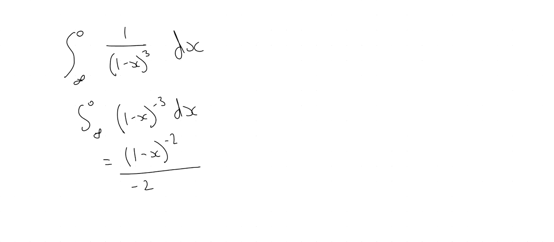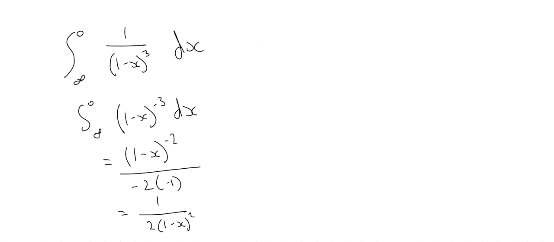This is the reverse of the chain rule. I also need to multiply it by the derivative of the brackets. So that's -1. Okay, so then we have, oh, hang on, that's not right either. So now we have 1 over 2, 1 minus x squared. Are you with me?